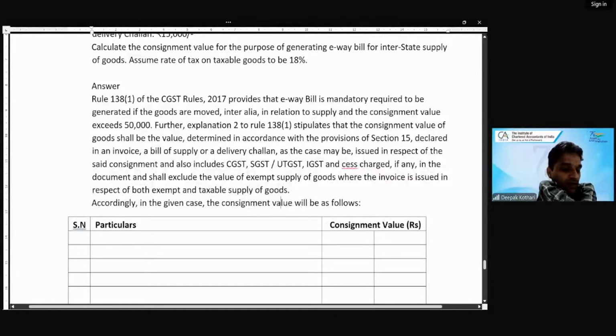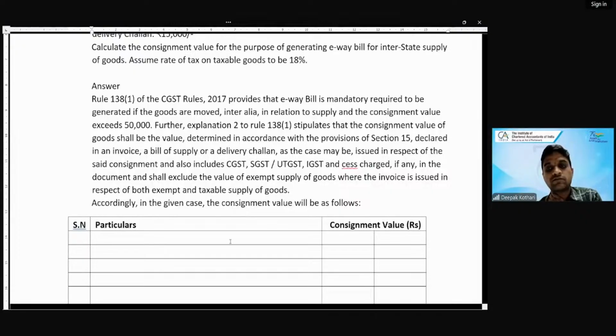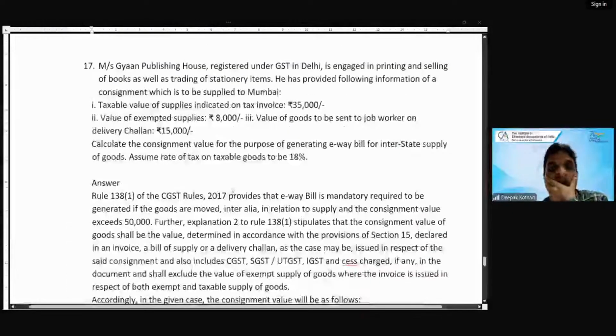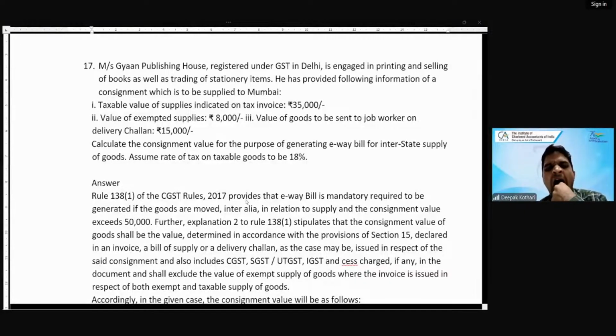This is the theoretical aspect. What is the consignment value you have to consider? First answer I get is 59,000. 50,000 plus 18%, okay, so 59,000. 64,300, Tanu Vishwakarma.